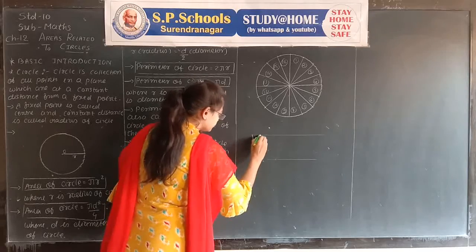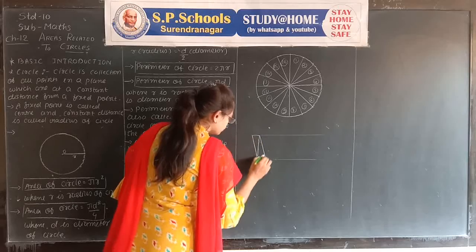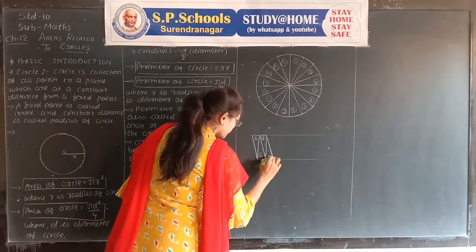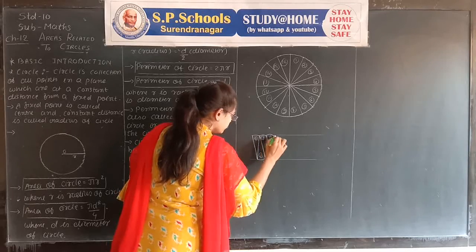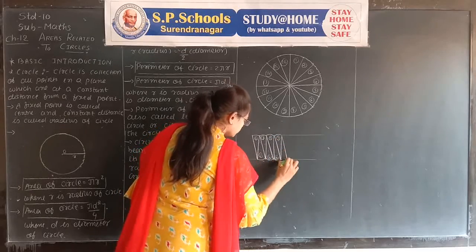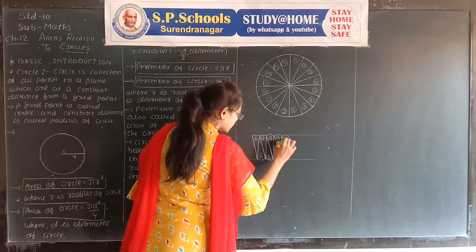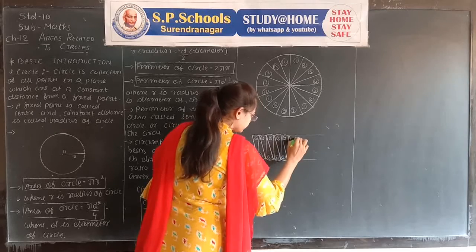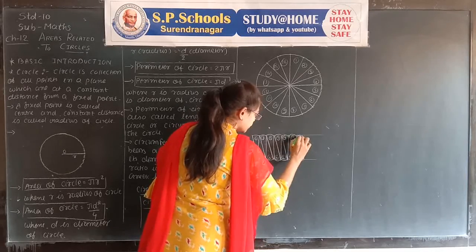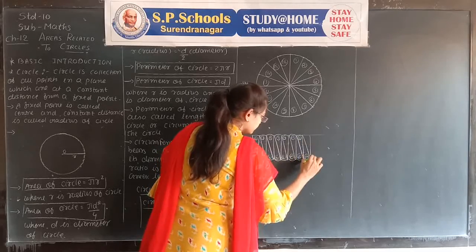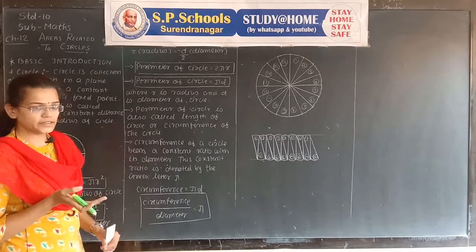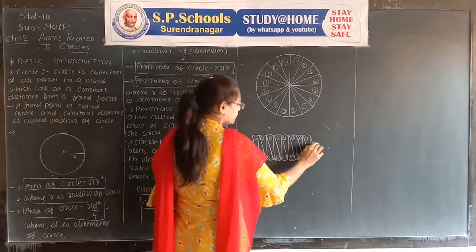The parts are numbered 1 to 16, with 8 parts on the upside and 8 parts on the downside, each with radius r.